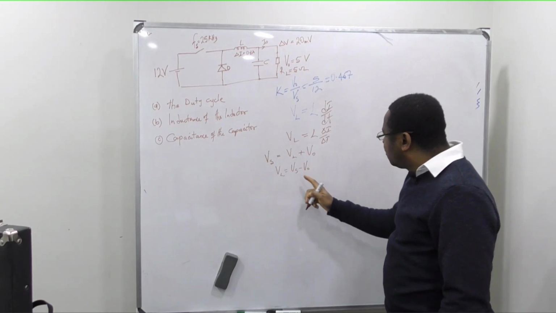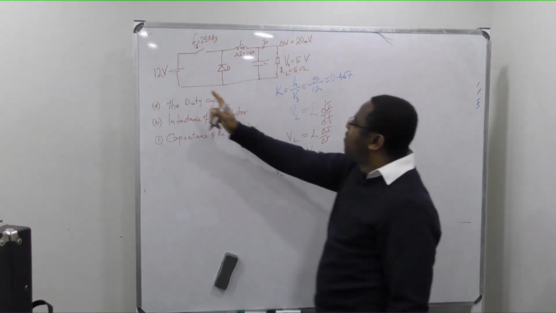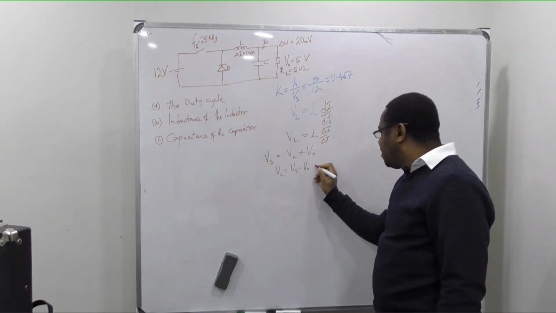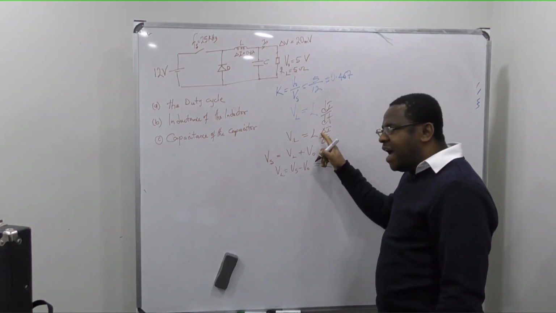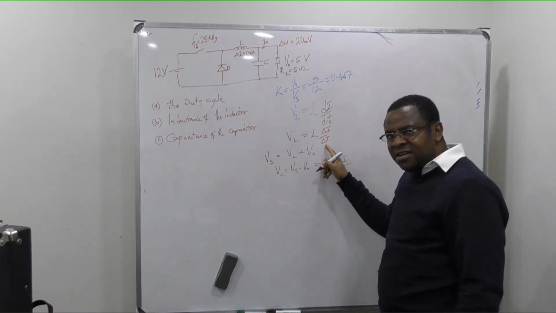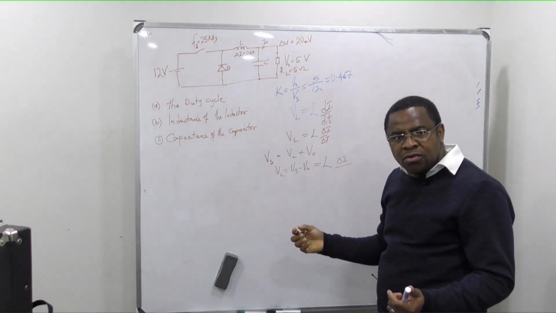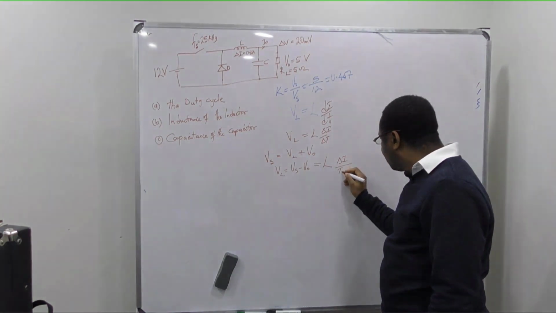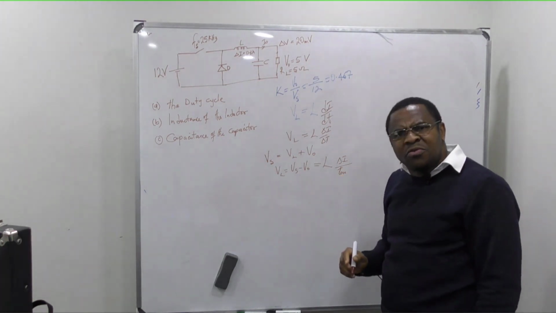So here I know VL is Vs minus VO, and I know my Vs to be 12 and VO to be 5. And this is the same thing as L delta I over delta T, and this equation is for the time of on, so this is T on. What do we say T on is again?